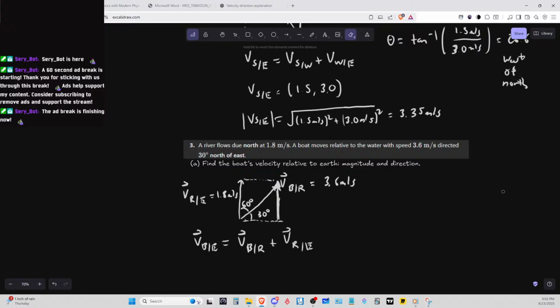Okay, so I think when we combine these, alright, so we have boat to the river, which is 3.6 cosine 30 degrees plus 3.6 sine of 30 degrees j.